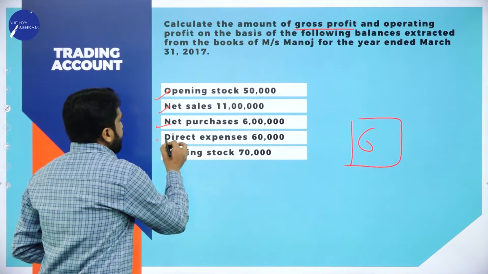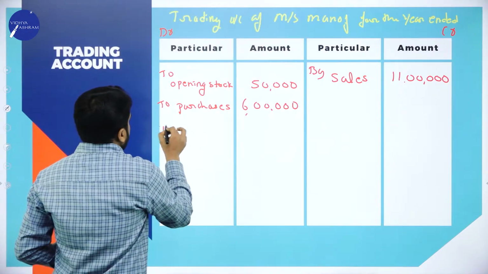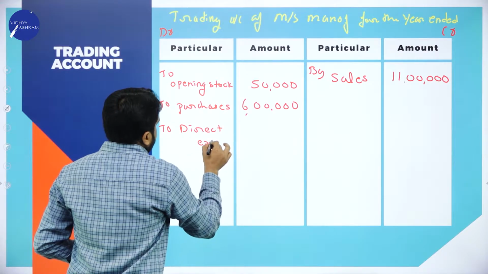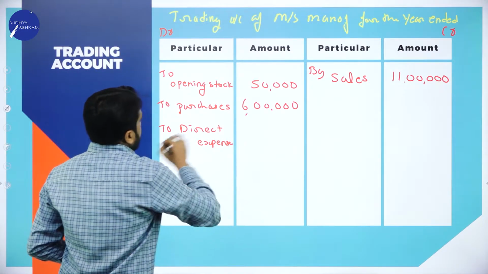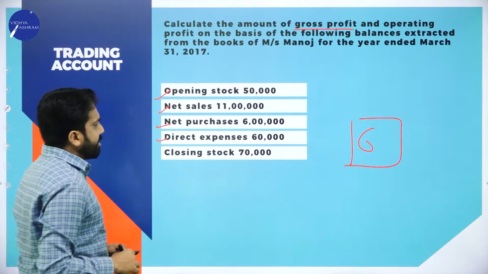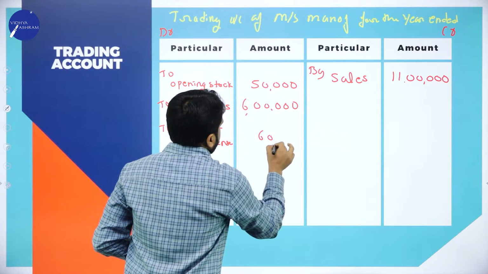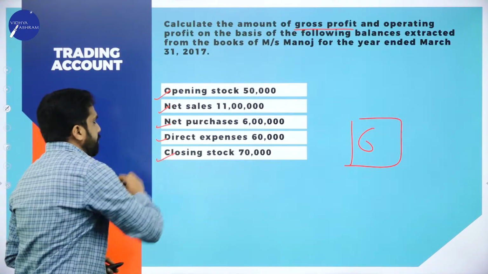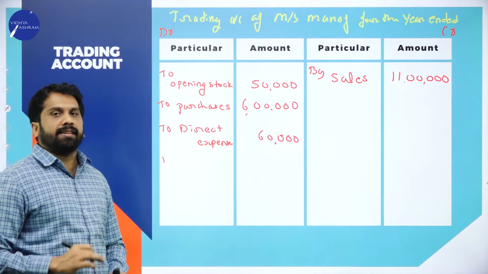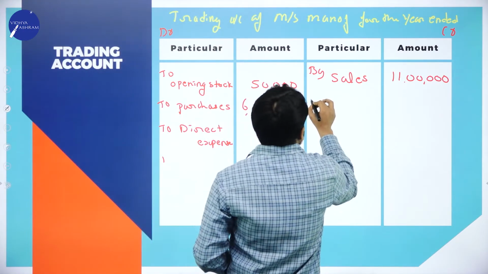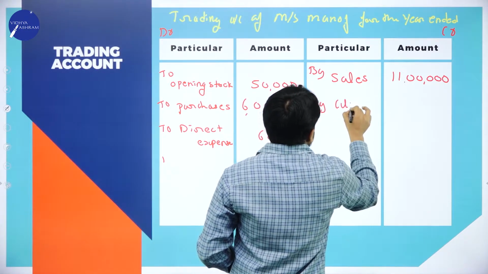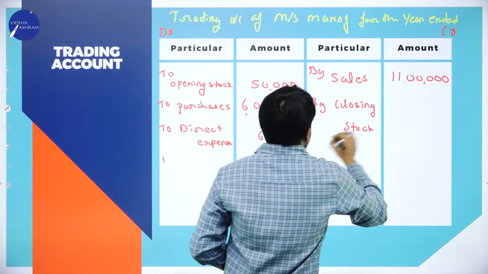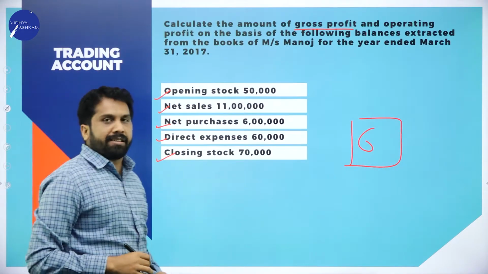The next one is direct expenses. To direct expenses, how much? 60,000. After this, closing stock. Closing stock, debit side or credit side? Credit side. By closing stock. So how much have they given? 70,000.